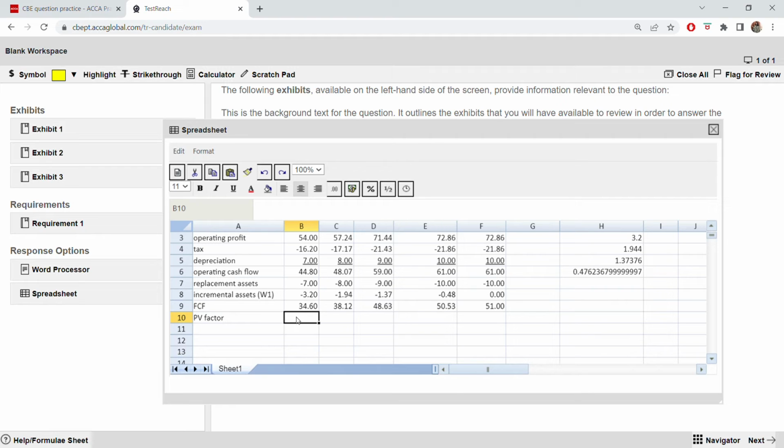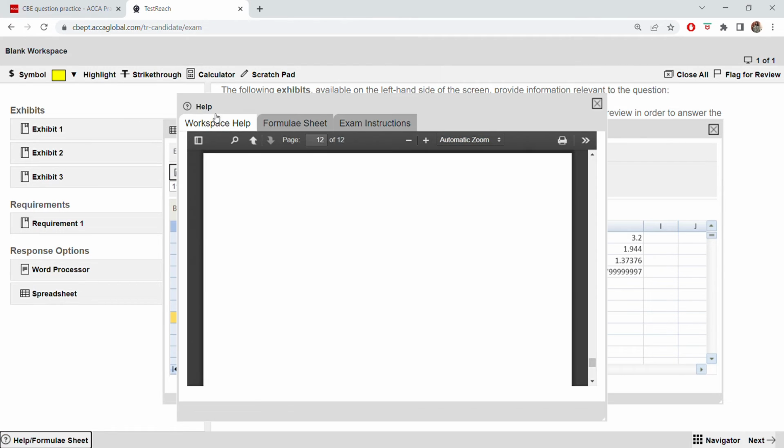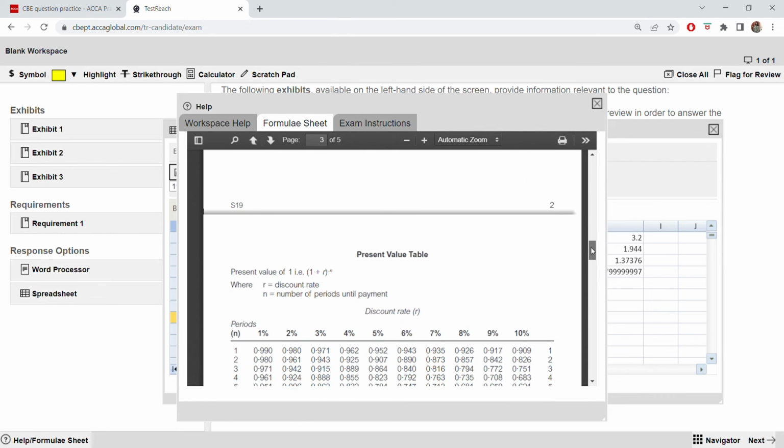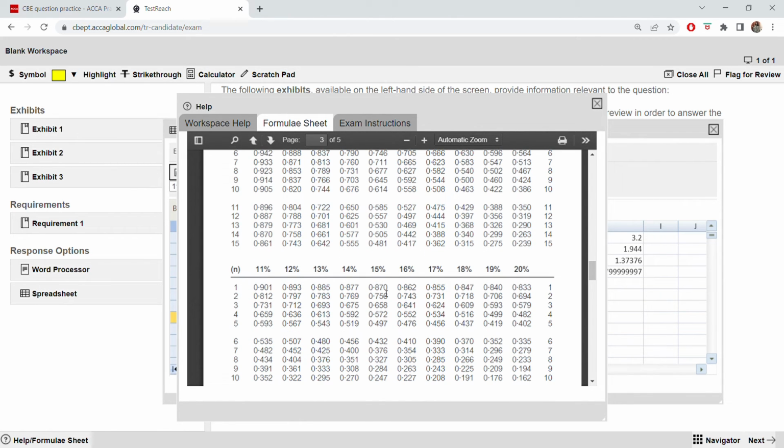So what rate should you use? See, to use here, go to this formula sheet. Go to your discount factor table, present value table. Discount rate is what? 15%. First year it is 0.870, 0.756. From here you are going to get the figure.